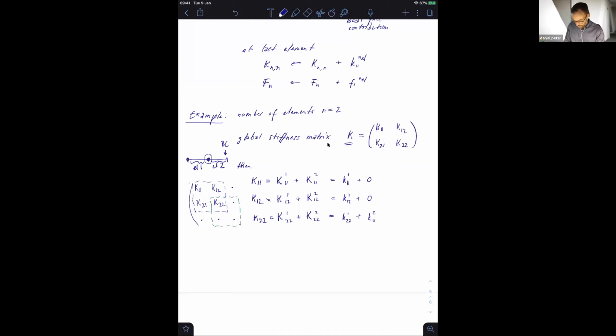So here it's K22 that comes from the right node, and here it's K11 that comes from the left node.